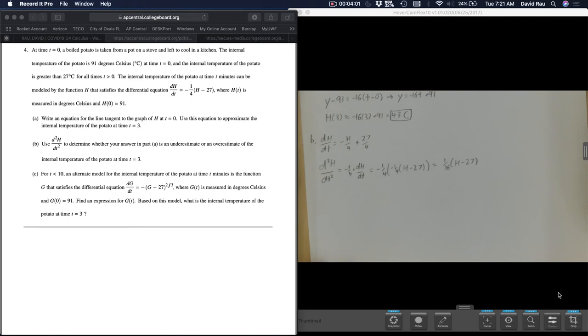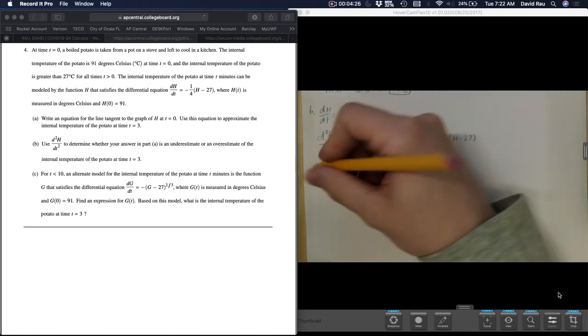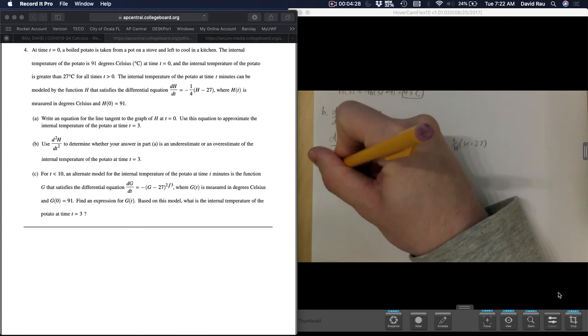And now they want us to use the second derivative to determine if our estimate from part A is an underestimate or an overestimate. So here's the idea behind this problem. If you look, there's a line up above that says the internal temperature of the potato is greater than 27 for all times t greater than 0. Okay, so here's what we can say about this.